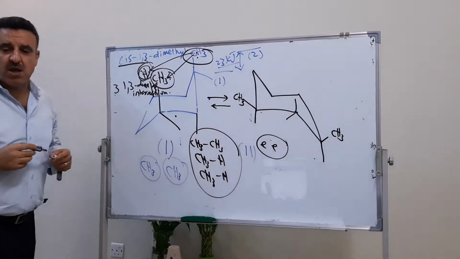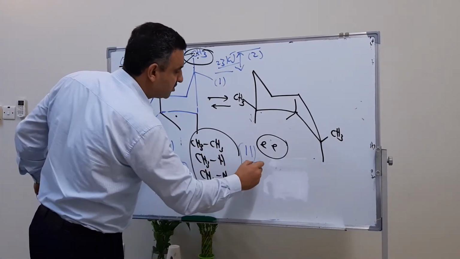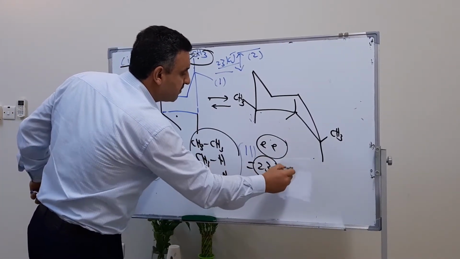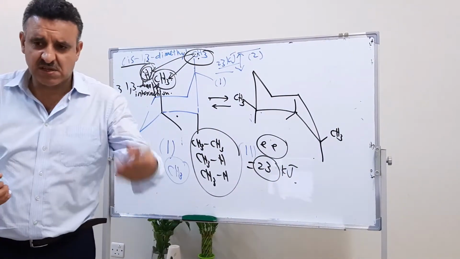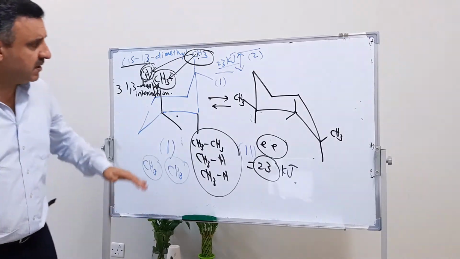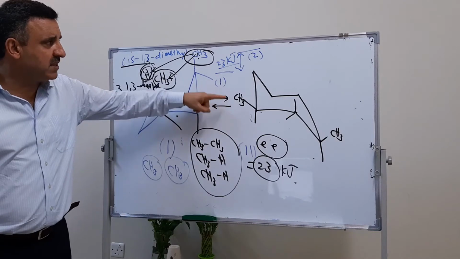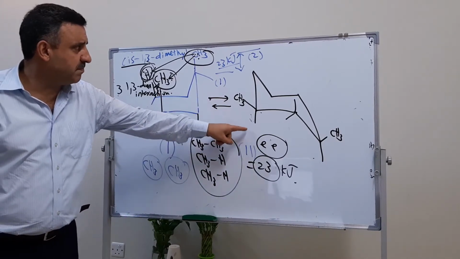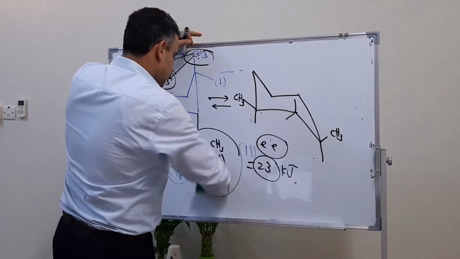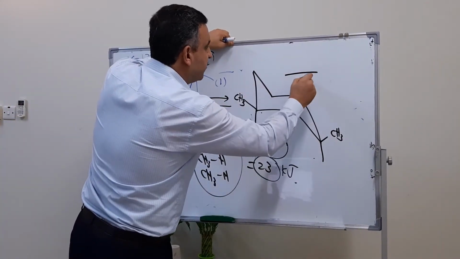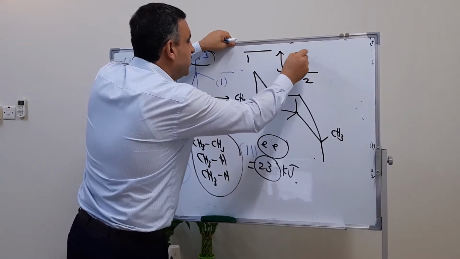Do you follow me? Logically, the total of the 3 costs 23 kilojoule from the previous question, because actually the questions are in order. So in the previous example, they gave us the information that the difference in energy, we said structure number 2 is more stable than structure number 1, which means the difference in energy between conformation 2 and conformation number 1 is 23 kilojoule.